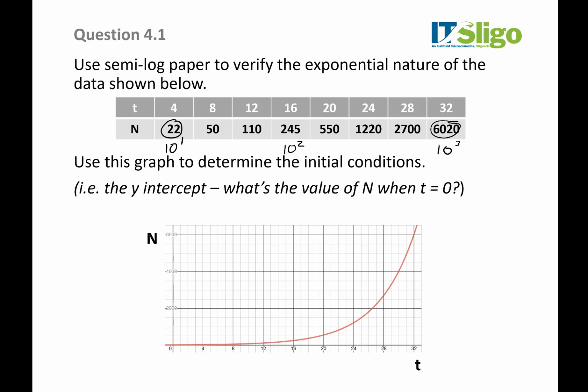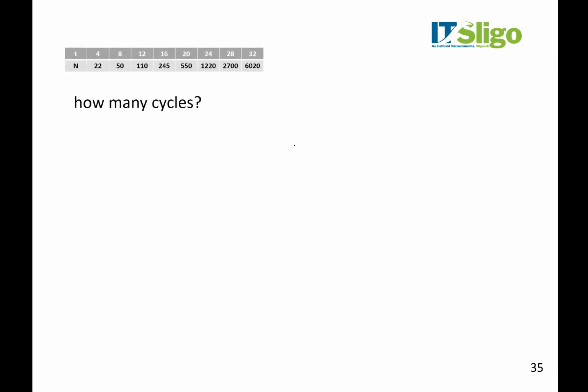Use this graph to determine the initial conditions. That would generally have me going for 4 cycles. Now, in this case, guys, I actually just went for 3 cycles because it loses clarity when I'm using PowerPoint and stuff, so I felt 3 cycles will serve me well enough.